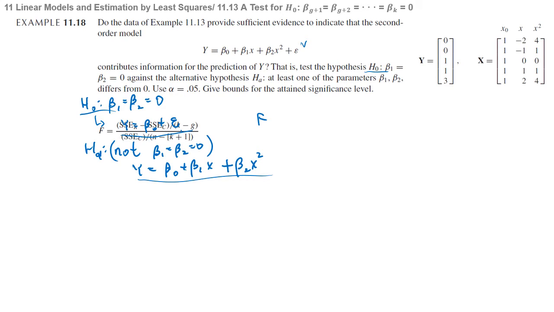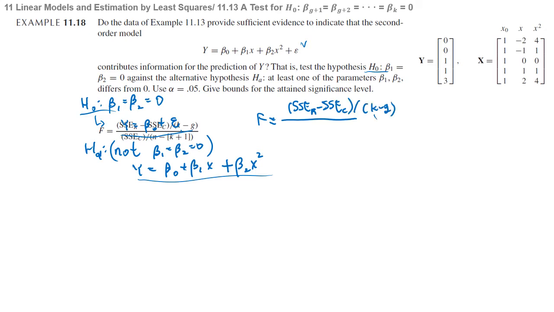Our test statistic related to this hypothesis is F equals SSE_R minus SSE_C, divided by k minus g.